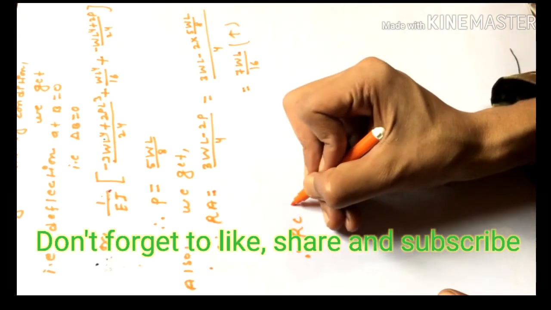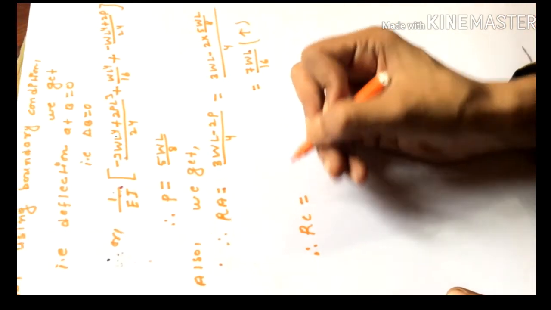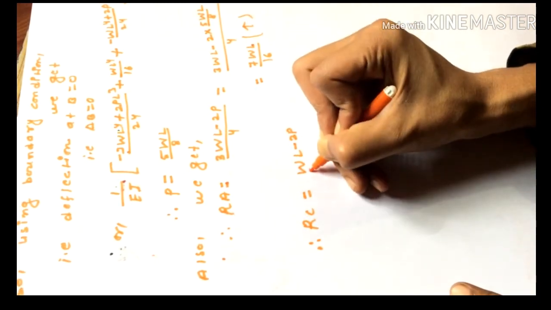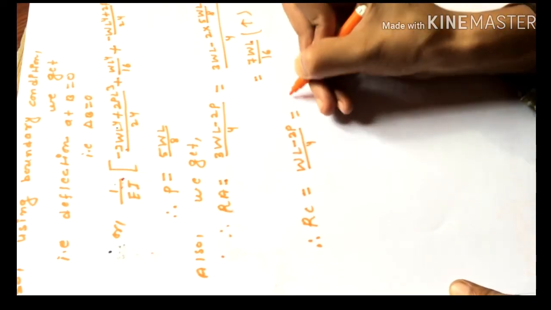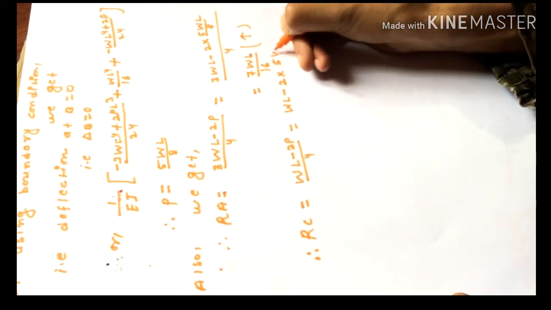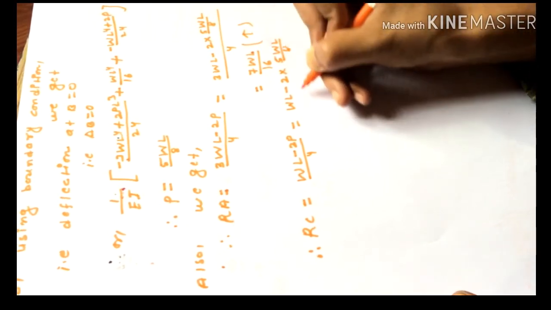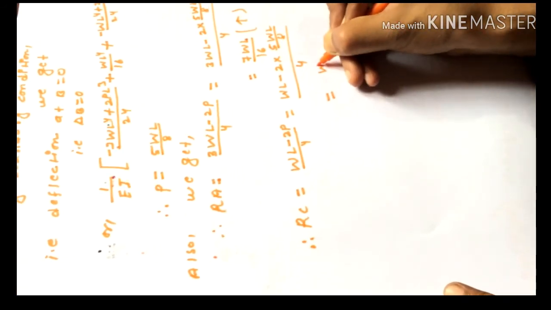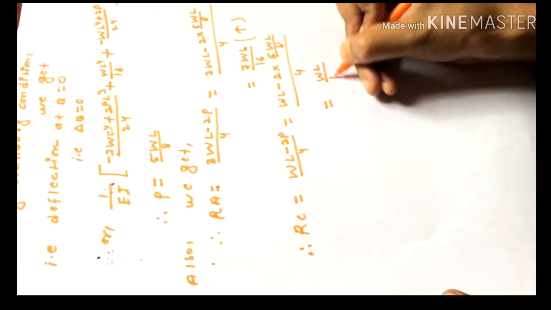Also we can calculate RC, that is the reaction at support C. Here RC is equal to WL minus 2P divided by 4. On substituting the value of P, we get 5WL by 8 divided by 4. That is, we get RC is equal to WL divided by 16.